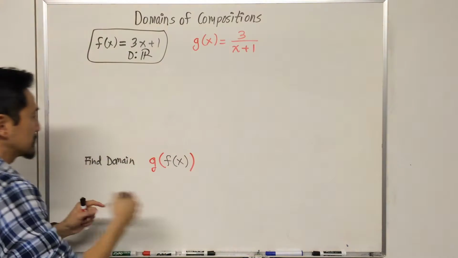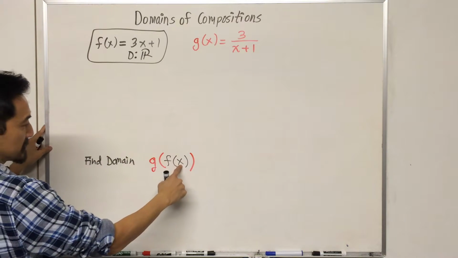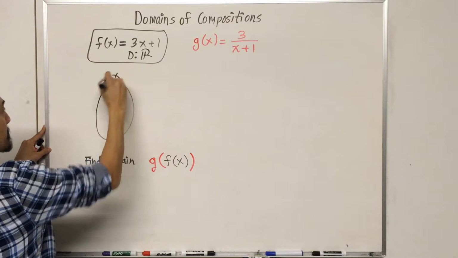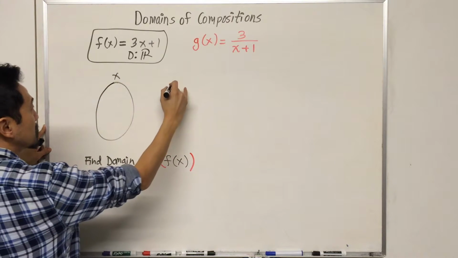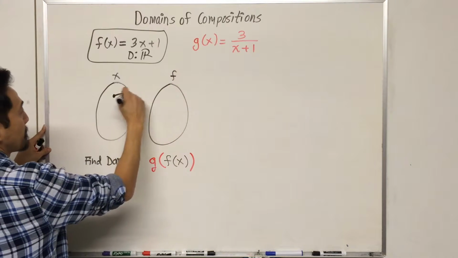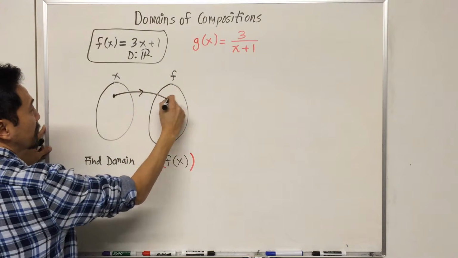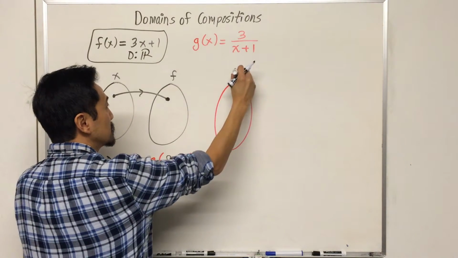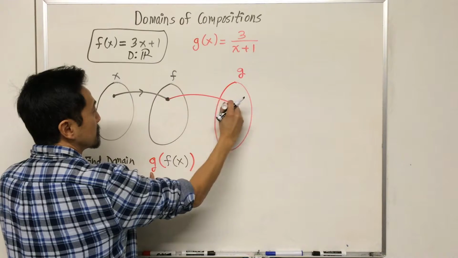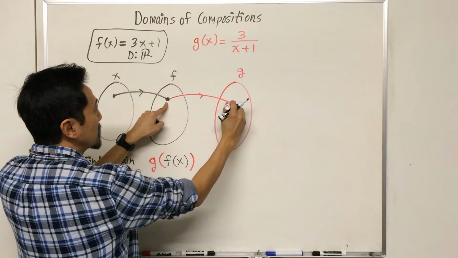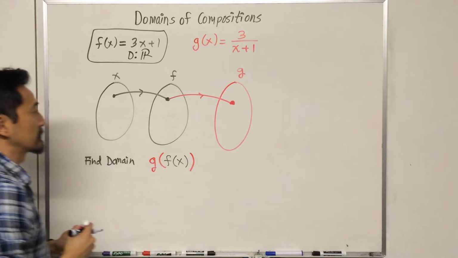Now, let's go ahead and set it up. We've got the x's, and since it's written in black, let's write them in black. And those x's will be inserted into a function f in black. Okay, and now we want real f values, which will then be inserted into the second function, g in red. Okay, so we want real f values that lie in the domain for g, and then produce real g values.